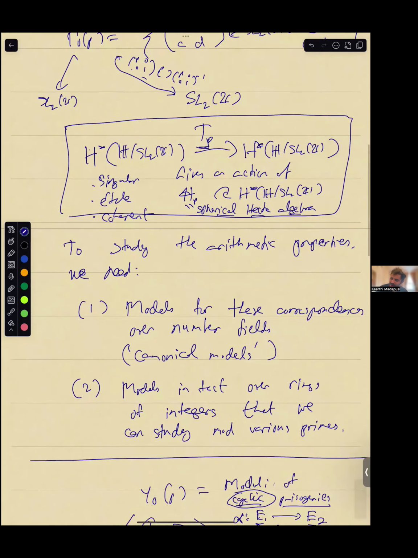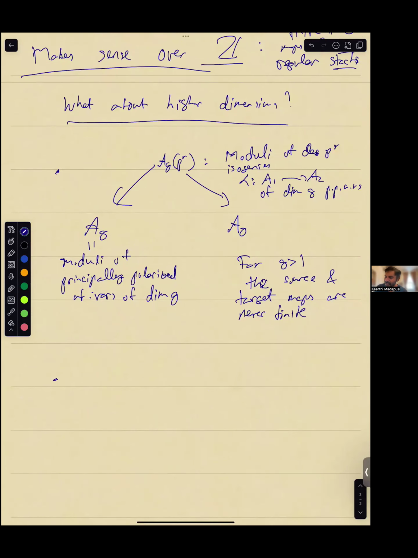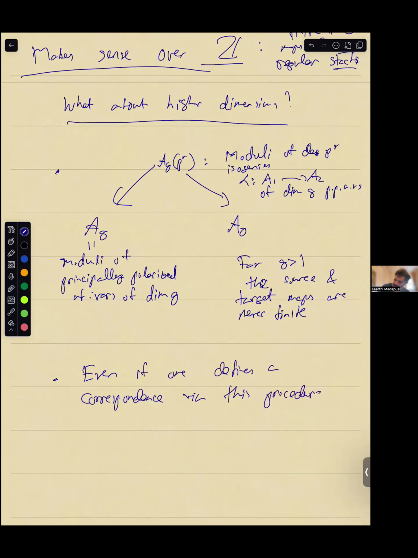But when you try to do this in a higher dimensional situation, even if one defines a correspondence via this procedure, it's not clear what it has to do with the spherical Hecke algebra.